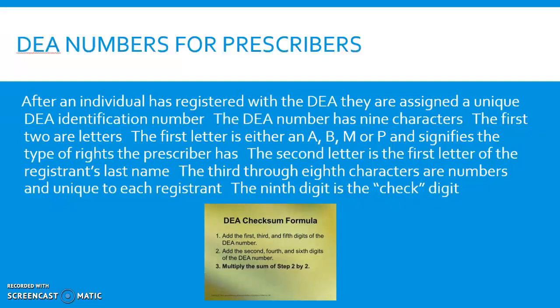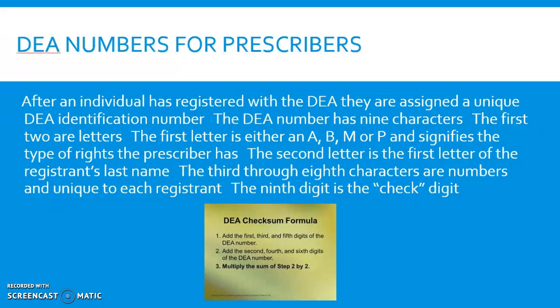Because as you are putting in any new physicians, you're going to want to verify that they have the correct DEA. So the first thing you want to look at is you should always have 2 letters followed by 7 numbers, so a total of 9 digits.